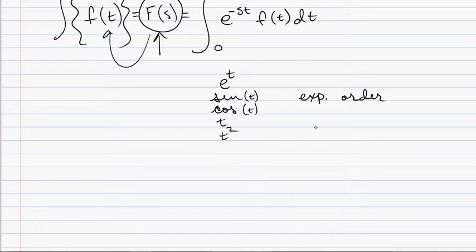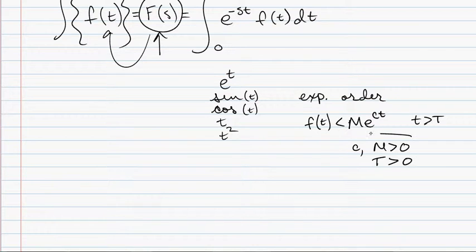And that's because they are less than a function of this form, for the constants c, m, and T, and this is true for t greater than big T.